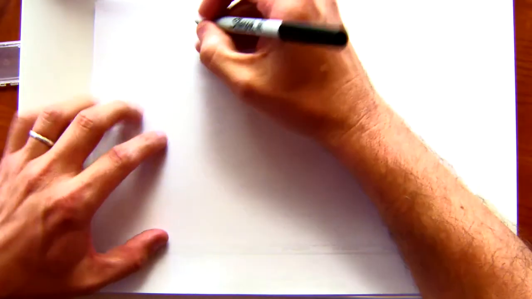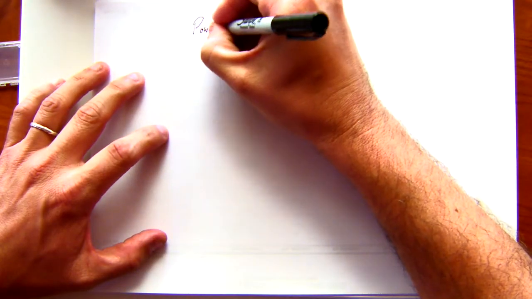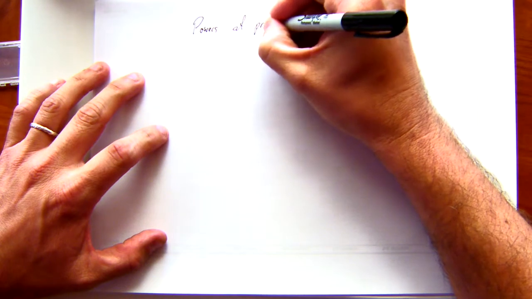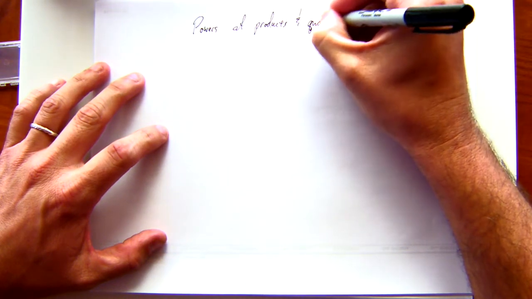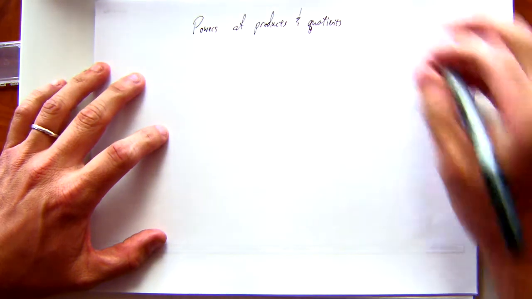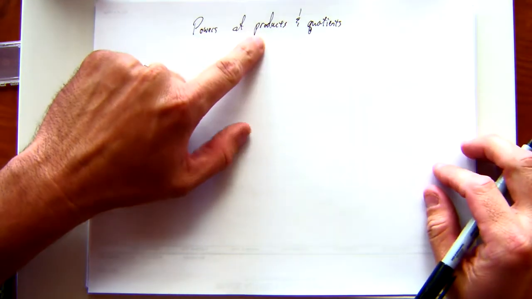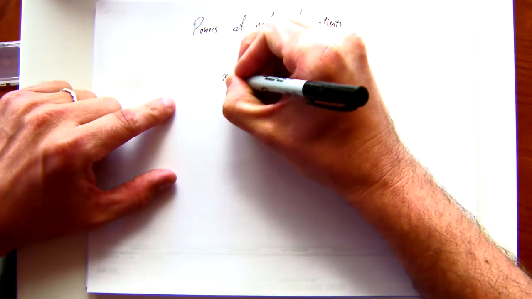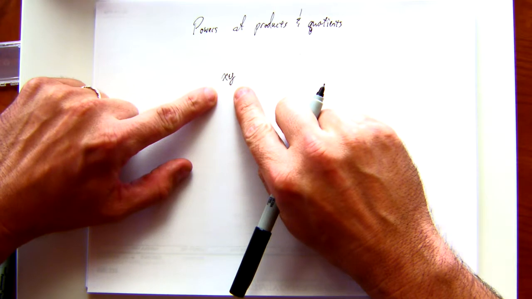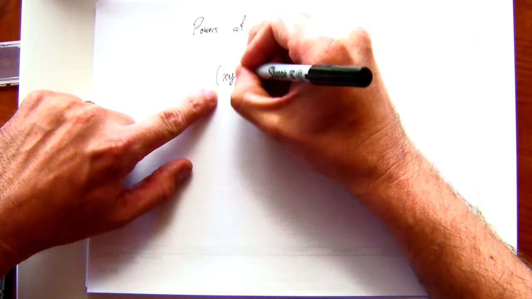Alright, so we also can do something, powers of products and quotients. Okay, so product means what? Multiplied. So suppose I have x, y, they're multiplied together, and then I want to take this to some power.